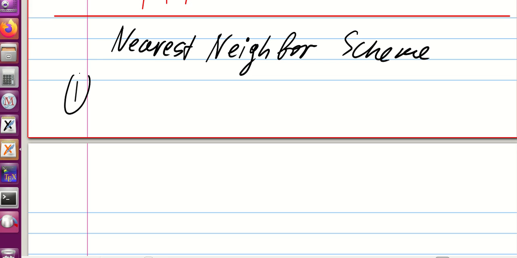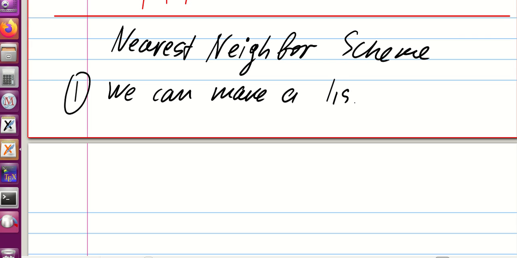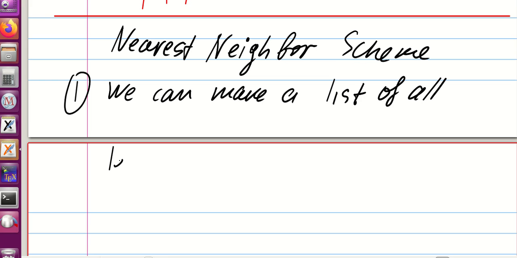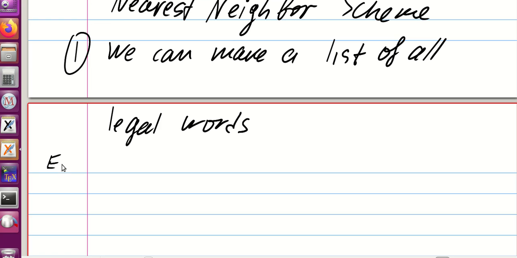Let's go through the scheme. The scheme has steps. Step number 1 says that we can make a list of all legal words. In a small example, like the one we had before, it could be more spaces.